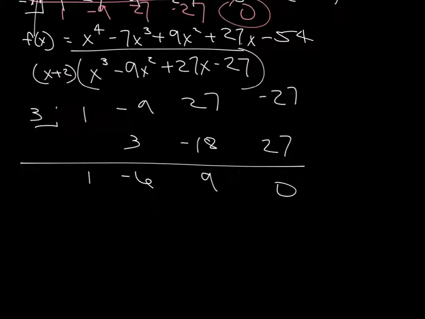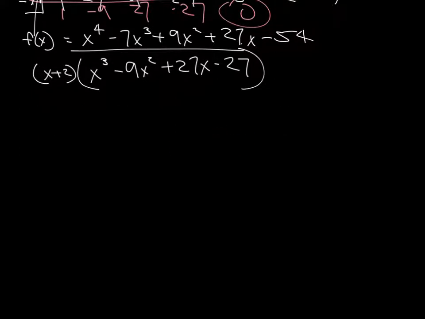I'm going to get rid of all this stuff I can without erasing everything. So my other one that worked was x minus 3. And what did that leave me with on the bottom? I'm going to have to get that back, aren't I?